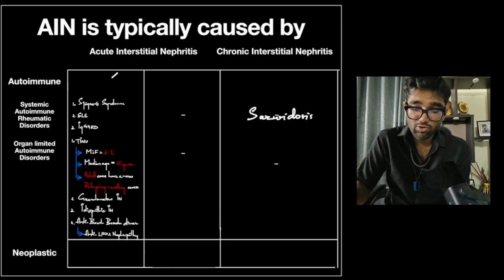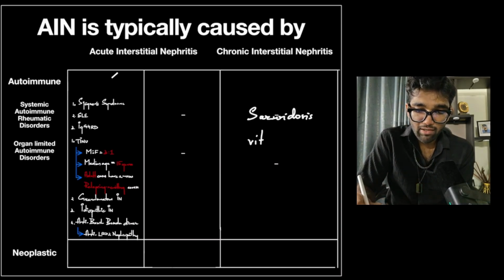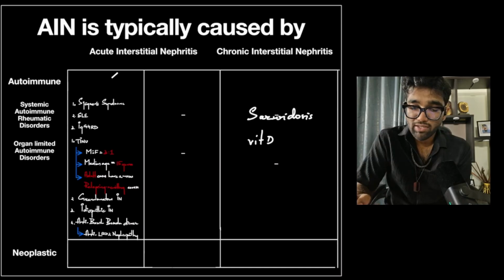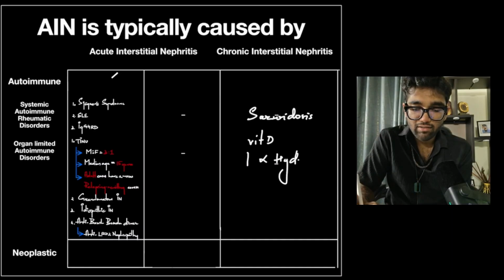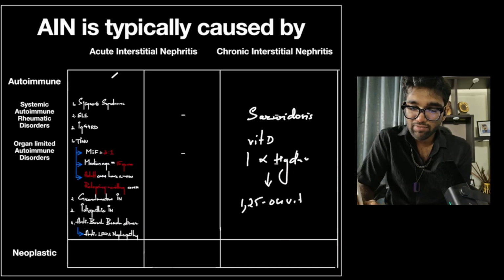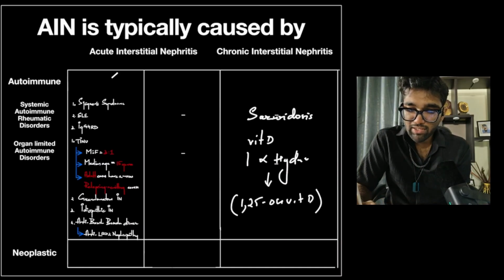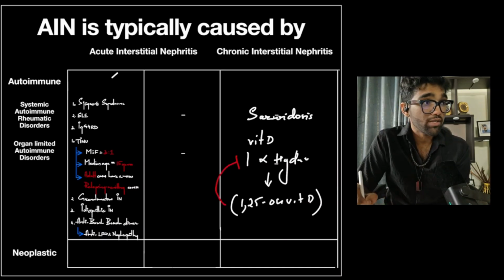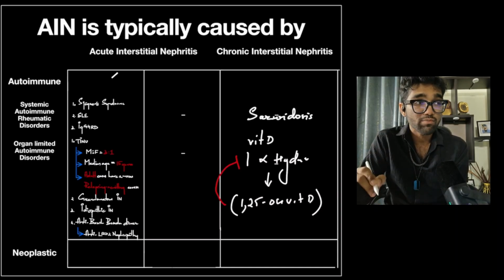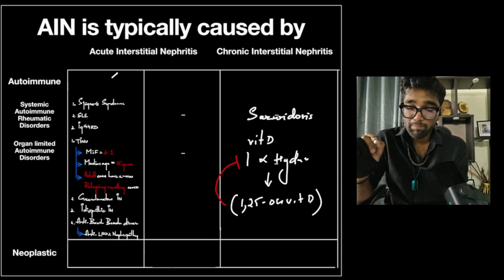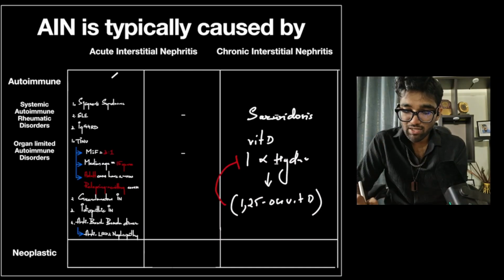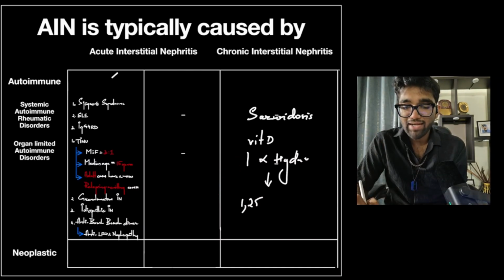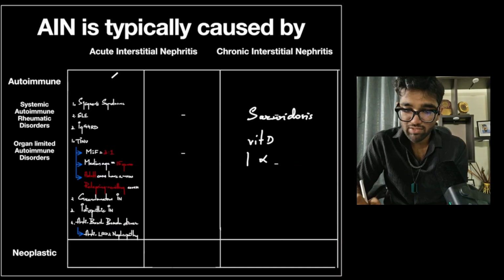That is because in sarcoidosis, you have vitamin D getting activated within the abnormal granulomas that are forming, because the granulomas express 1 alpha hydroxylase, and that results in the formation of 1,25 dihydroxy vitamin D, the activated form of vitamin D. Normally 1,25 dihydroxy vitamin D inhibits the further activity of 1 alpha hydroxylase, but this is not the case when it is 1 alpha hydroxylase being expressed within macrophages and dendritic cells within granulomas. As a result, there is runaway production of 1,25 dihydroxy vitamin D, and that is what causes an increase in serum calcium levels in sarcoidosis.